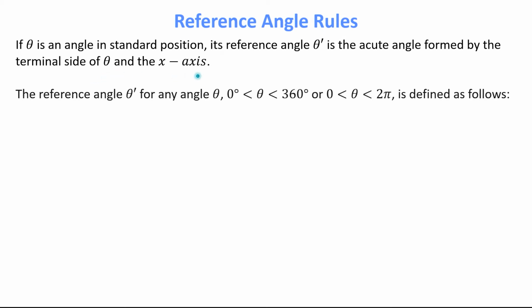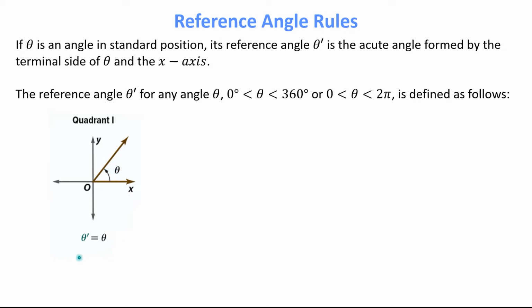So what does this mean? Well, the reference angle theta dash for any angle theta, where theta is between 0 and 360 degrees, or of course 0 and 2 pi radians, is defined as follows. In quadrant 1, we see that theta is of course acute.